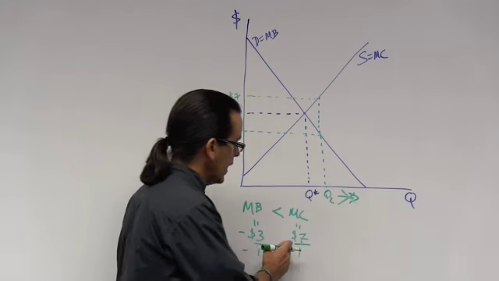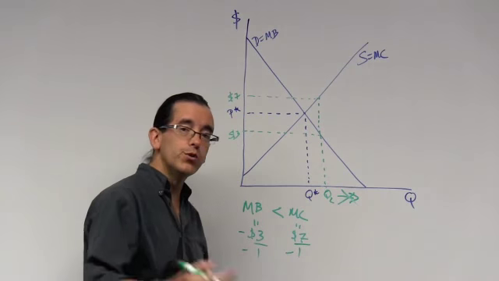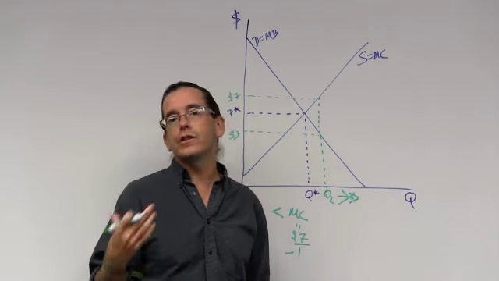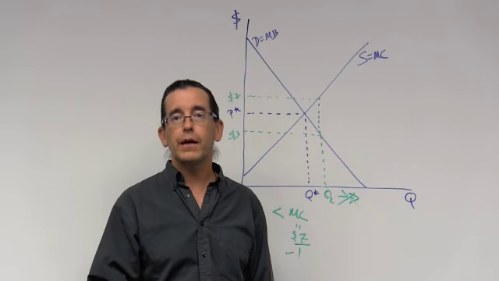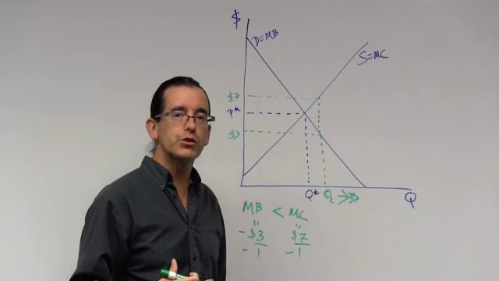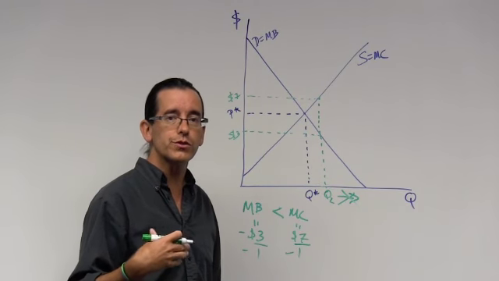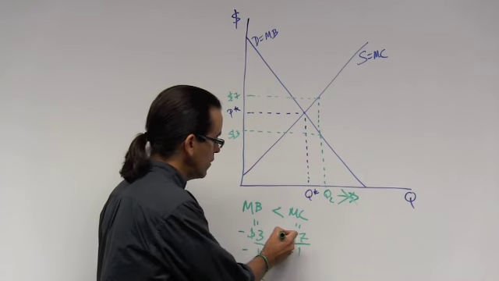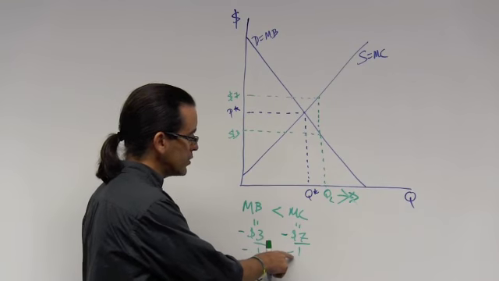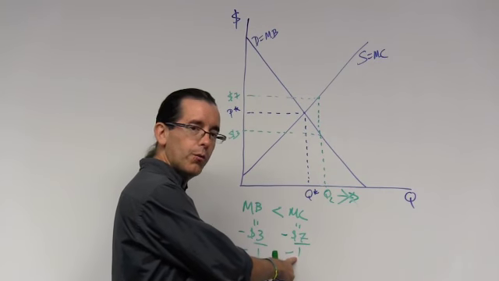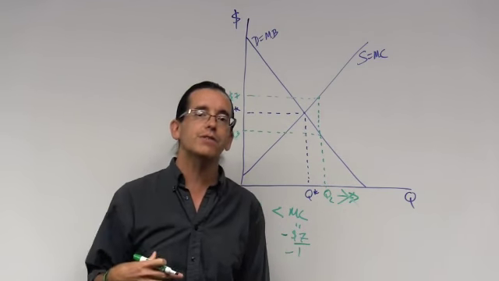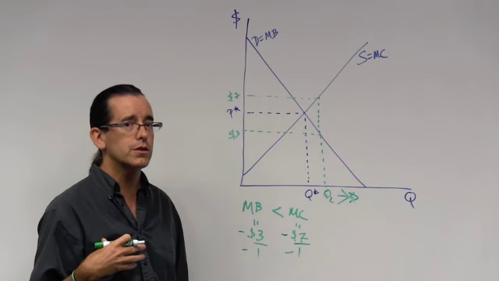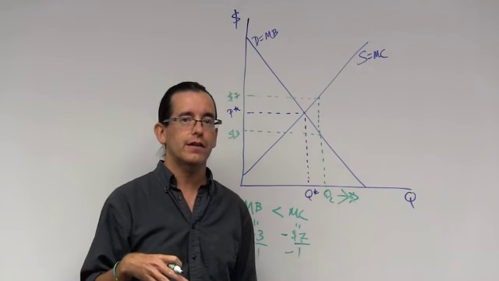Well, the other side of that is if you reduce your production, that means you're not needing to expend resources. How much less resources are we going to be using? Well, the marginal cost is $7, so if we reduce our production by 1 unit, we're going to save $7 worth of resources. So that's a good thing, okay?